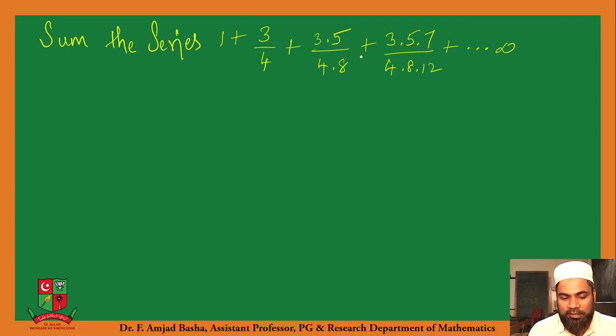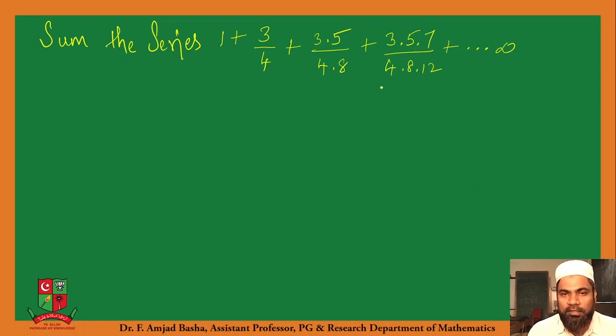The second point is that the factors in the denominator are the multiples of some number. In this problem, we have the denominator as multiples of 4 and the numerator have the common difference as 2.